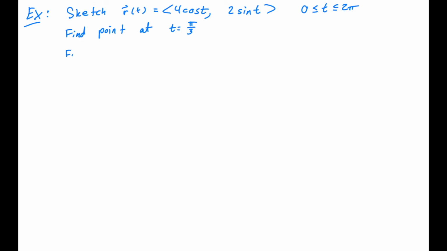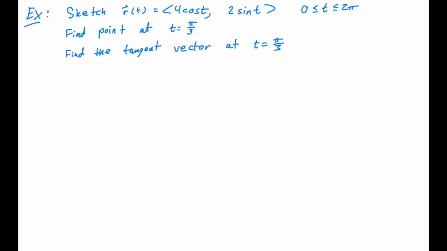And then find the tangent vector at t equals pi over 3. All right. You should be able to do all of these on your own. If you need me to walk you through some of this, here I go. So pause the video, try it out.